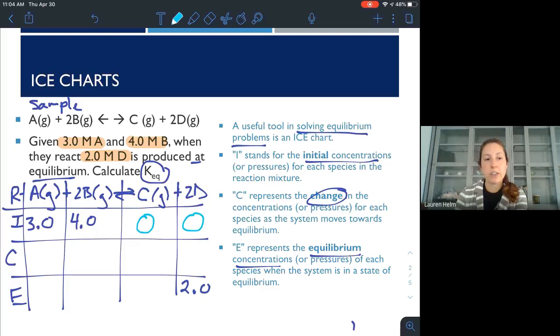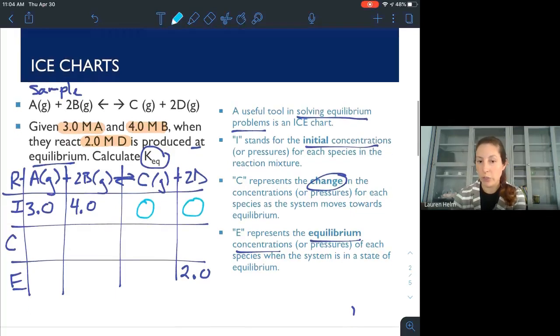Now what I want to do is figure out how things have changed. Well, I started with 0 initially, and I ended with 2 moles finally. So that means the change was an addition of 2 moles. If one product went up, the other product went up.